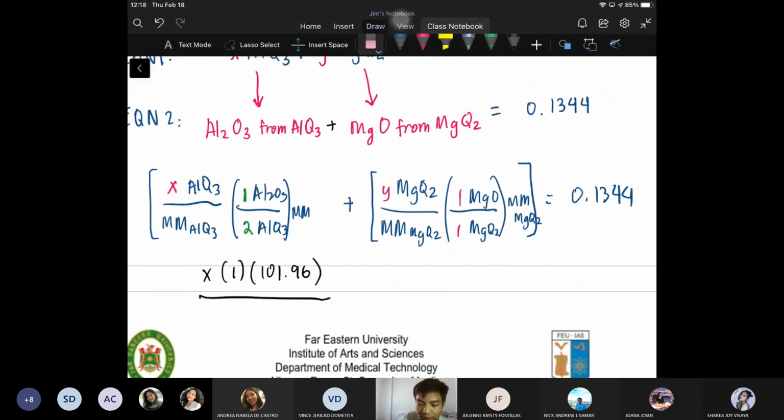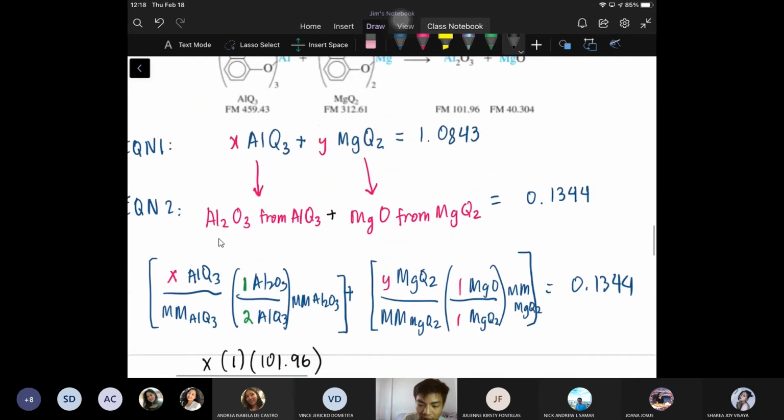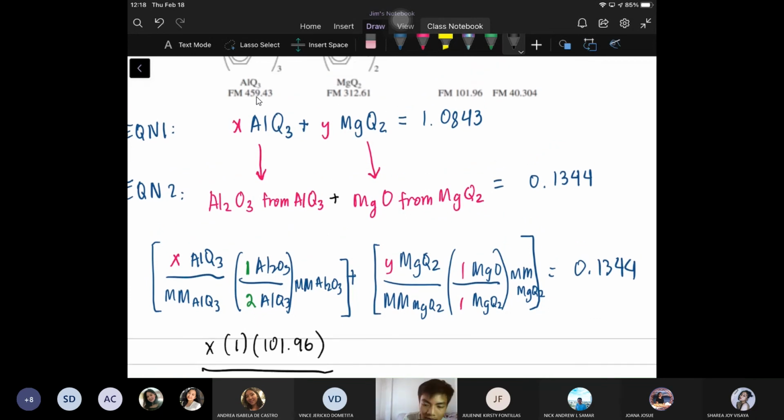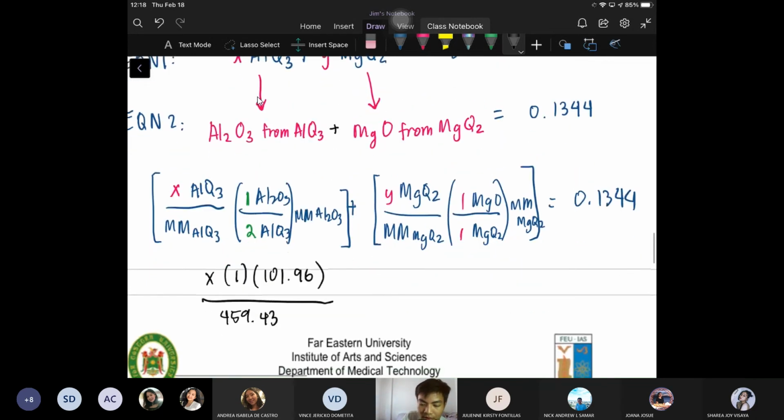Okay. Then, ano yung mga nasa denominator? Ito yung mga nasa baba, no? So, ano yung nasa baba? Ito, ALQ3. Nasa picture yung molar mass. No? Ito, ALQ3, 459.43. Times, ito may 2 sa baba. May coefficient na 2.